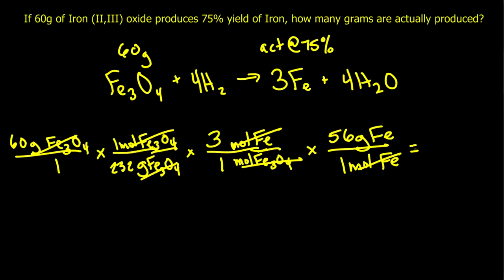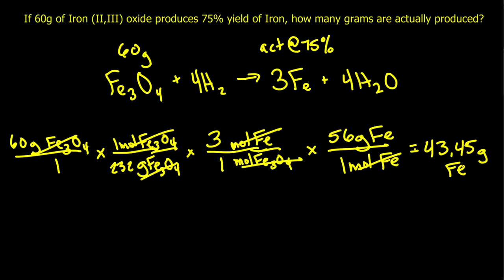So 60 times 1 divided by 232 times 3 divided by 1 times 56 divided by 1. So theoretically, we should produce 43.45 grams of iron. But we only produce 75% of that.